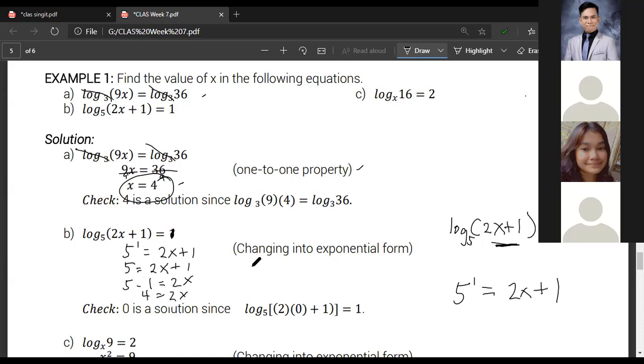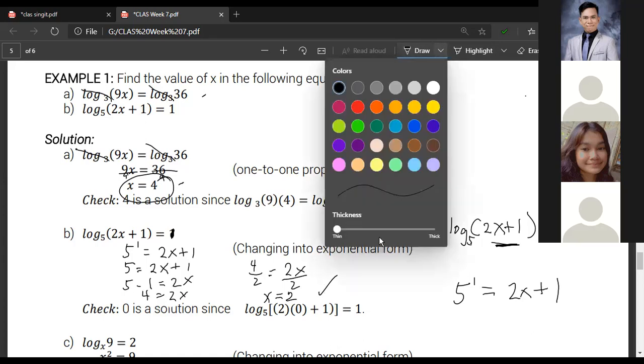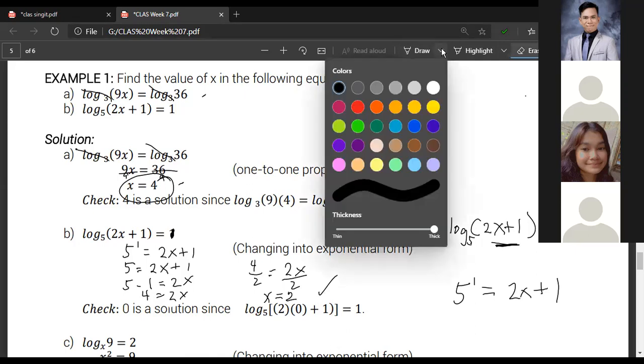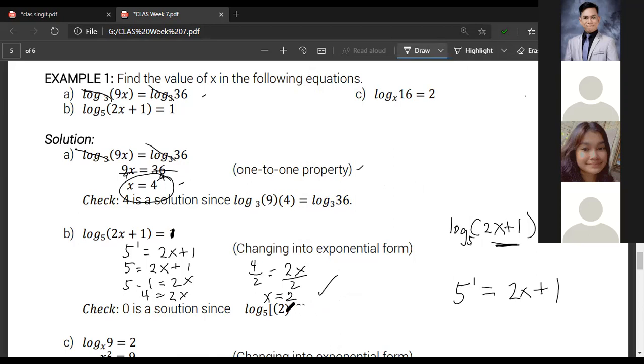Divide both sides by 2. 4 divided by 2, x is equal to 2. So, this is the answer. Check nyo na lang class sa calcu kung tama, or i-substitute nyo yung value ng x kung tama nga ba.